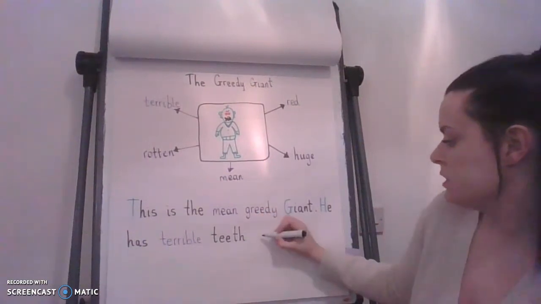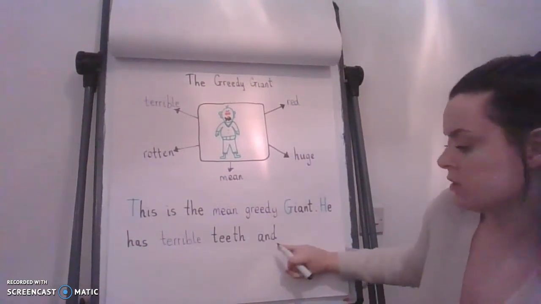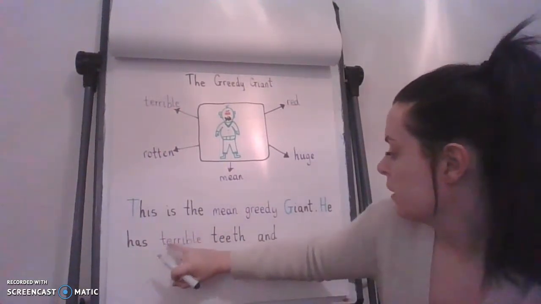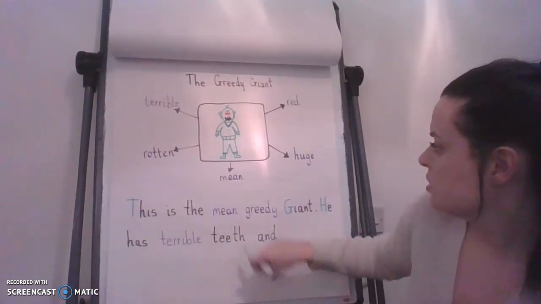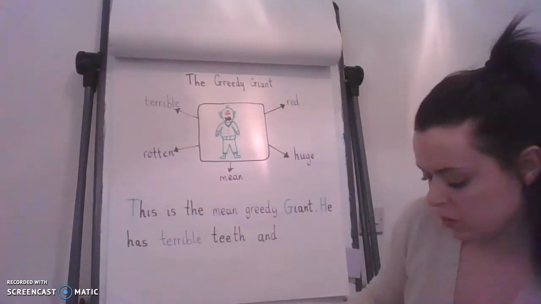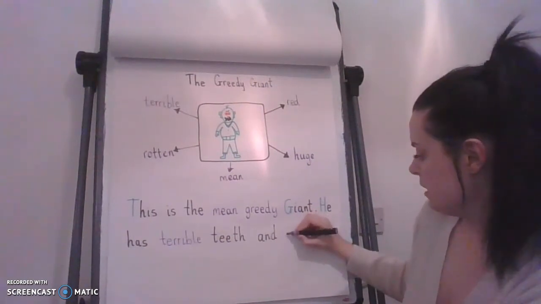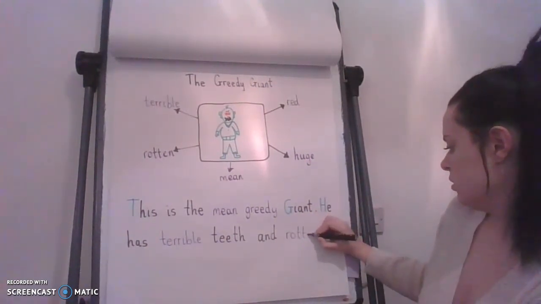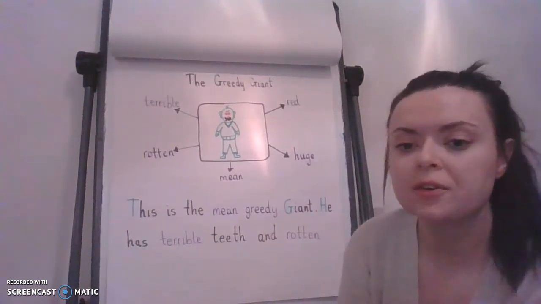He has terrible teeth, and, so I'm going to add more detail. So I've added this conjunction because I'm adding more detail to my sentence. He has terrible teeth and, I think I'm going to write rotten feet. Rotten. So I need my purple pen to represent that is an adjective. And rotten feet.